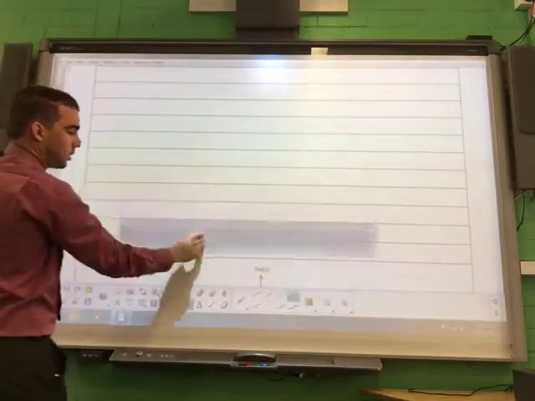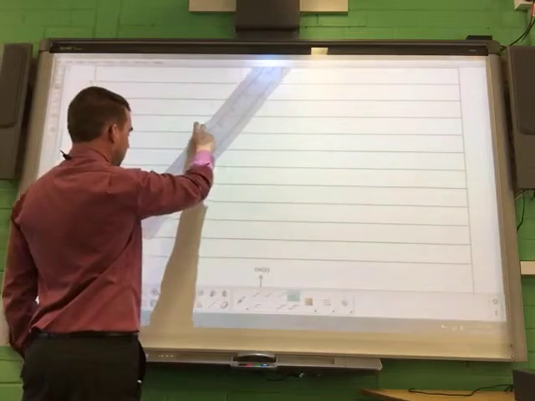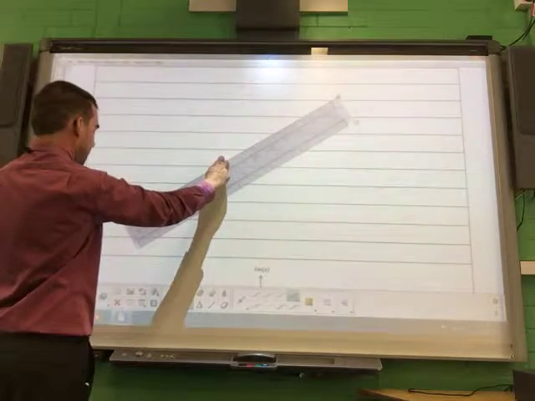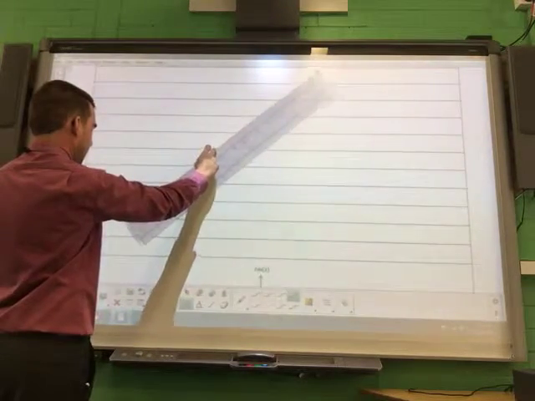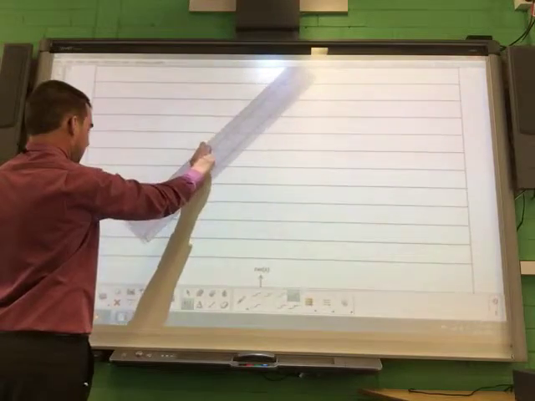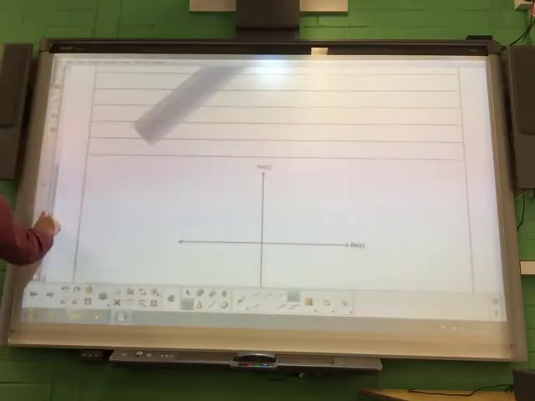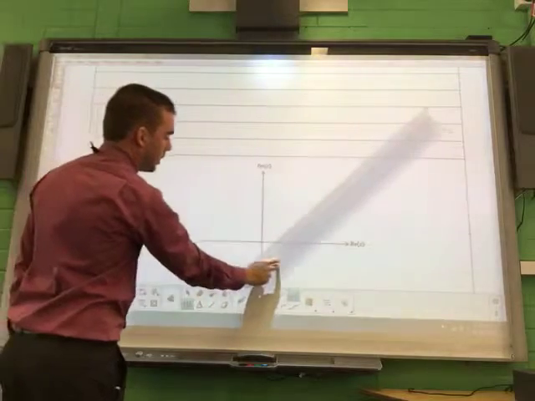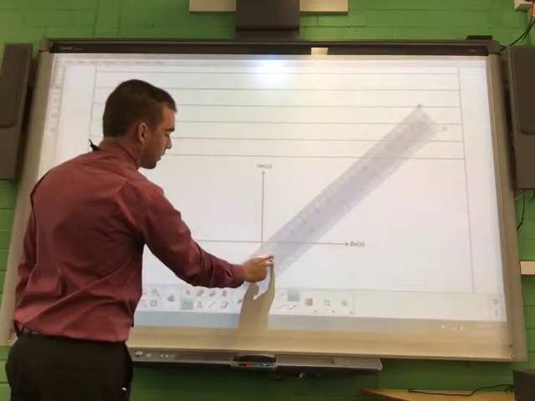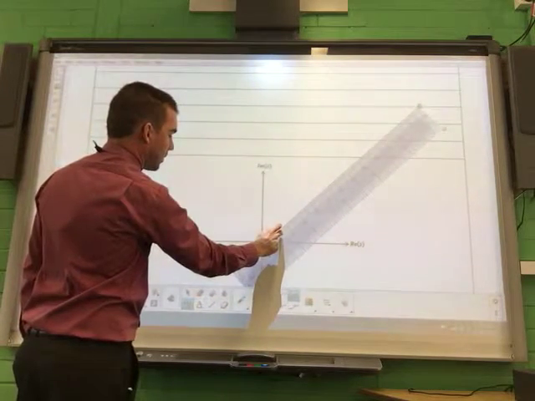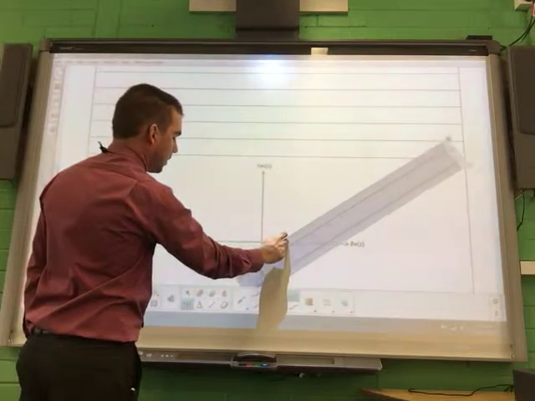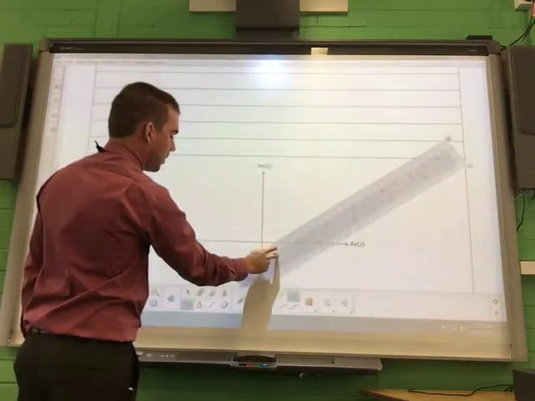We're looking at locus of lines, circles, and rays. So 2 over 3x, take away 6. We're going to have something like this.